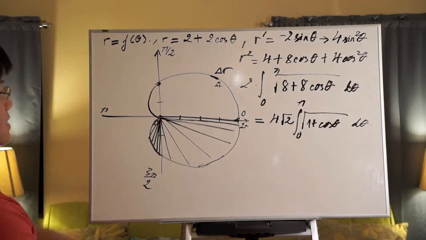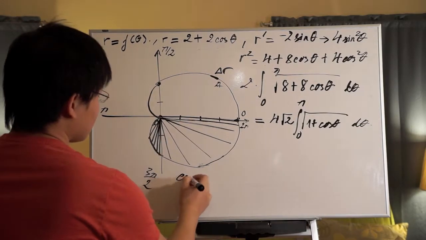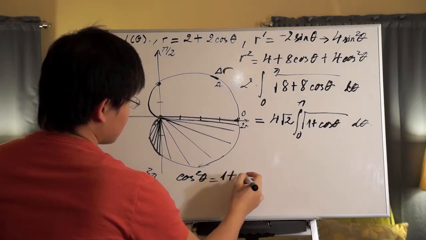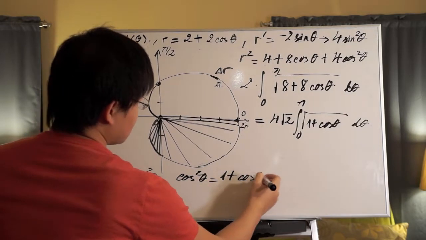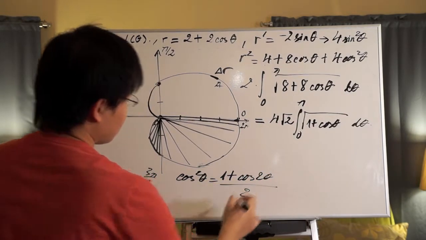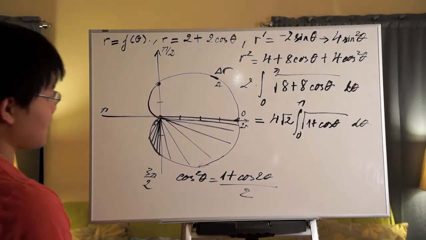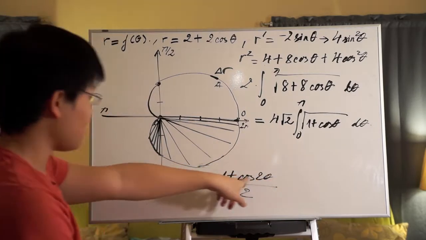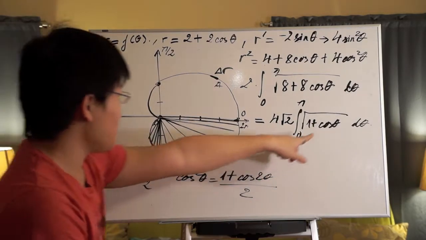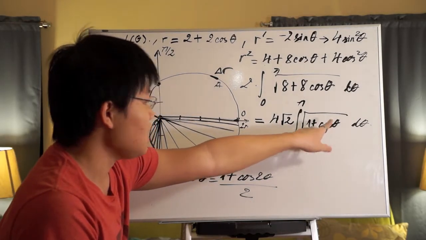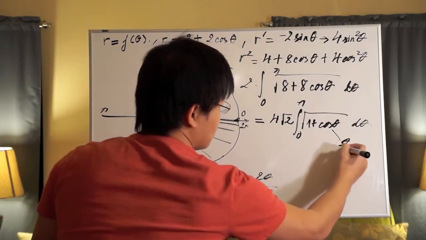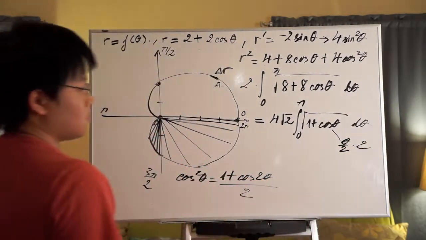Well, we know there is an identity: cosine squared theta equals 1 plus cosine 2 theta over 2. How is that connected to this? We have a 1 plus cosine theta, not 1 plus cosine 2 theta, but you can think of this as theta over 2 times 2.